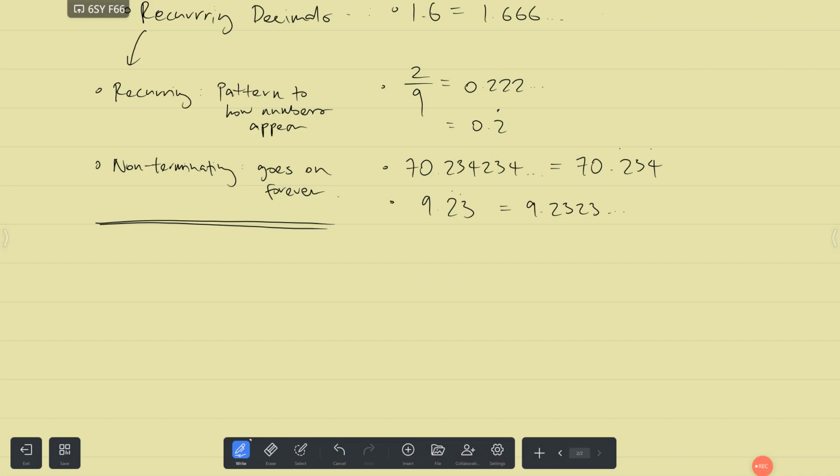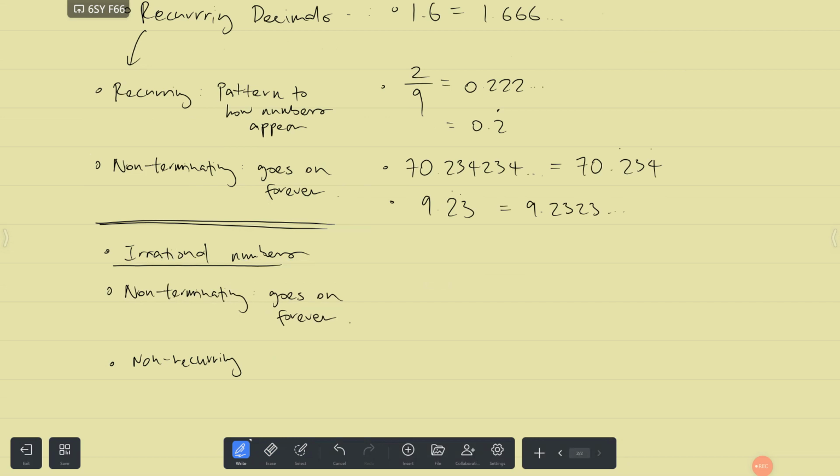And to sum up over here as well, our irrational numbers share the property of being non-terminating, which means that it goes on forever. However, they are non-recurring, meaning to say no pattern to how numbers appear.